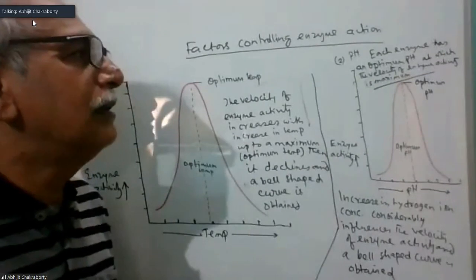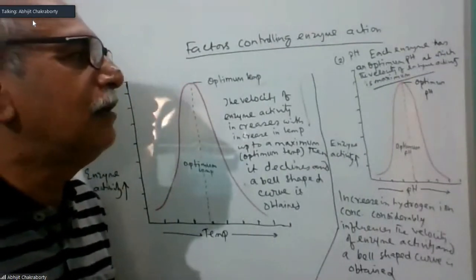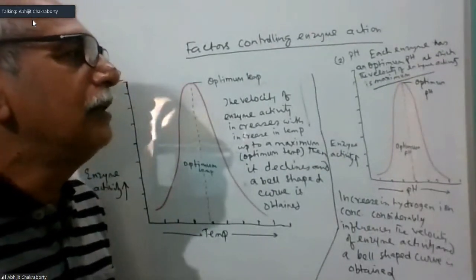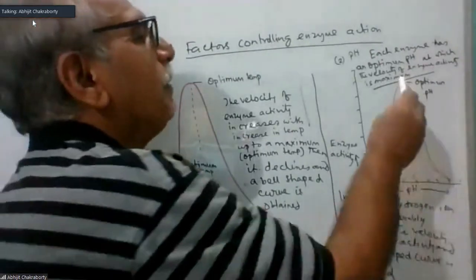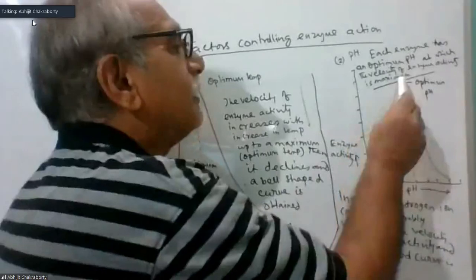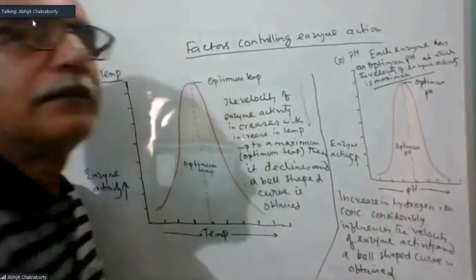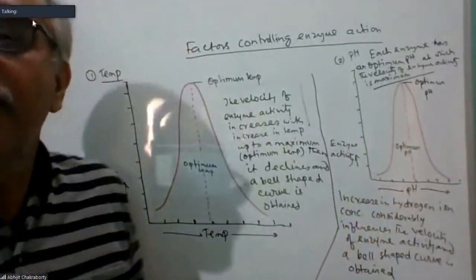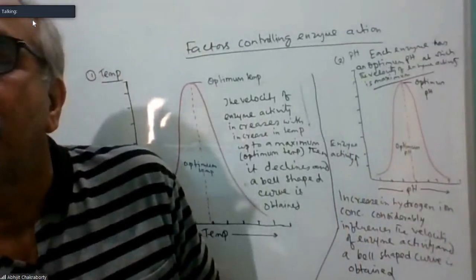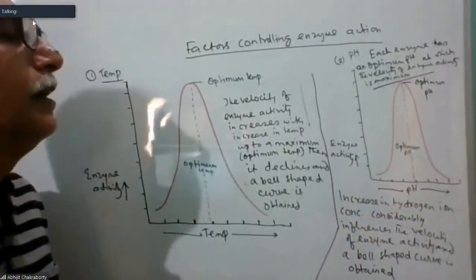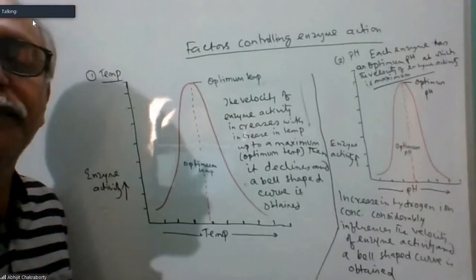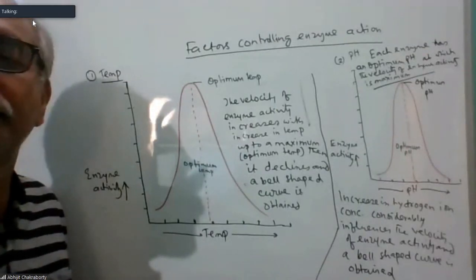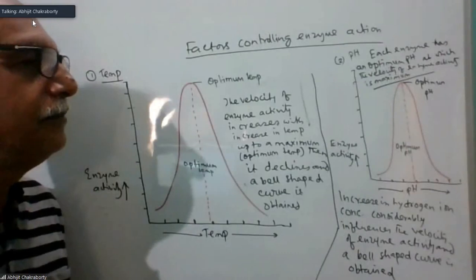So this is what is written here. Each enzyme has an optimum pH at which the enzyme activity is maximum. So this is the optimum pH. After that it declines. Is it clear?